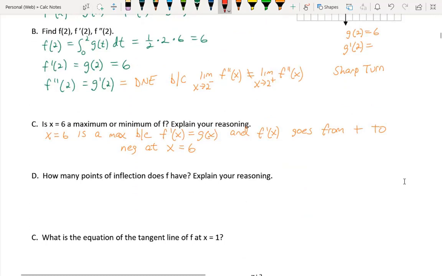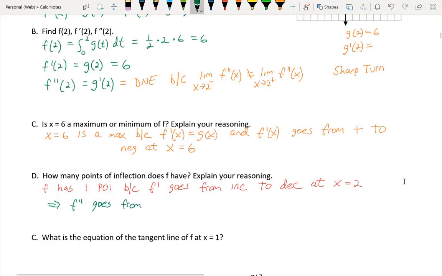So f has one point of inflection because f prime goes from increasing to decreasing at x equals 2. Now the part that you don't need to say but that's implied is that f double prime goes from positive to negative.